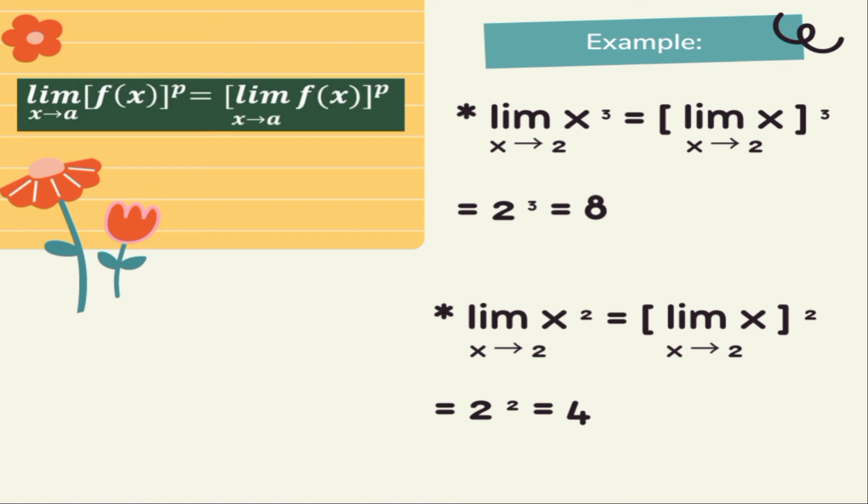So we copy the 2, and also copy the power, which is 2. 2 times 2, or 2 squared, is equal to 4. So that is theorem number 7, the power rule.